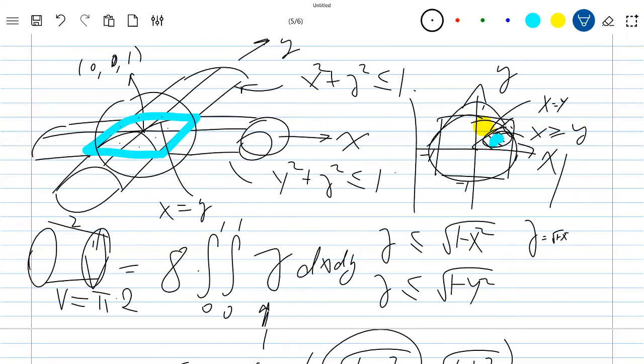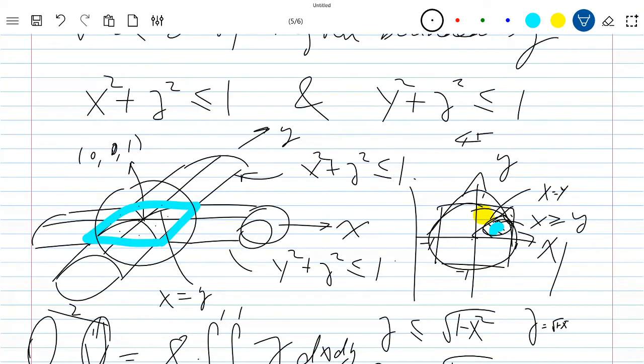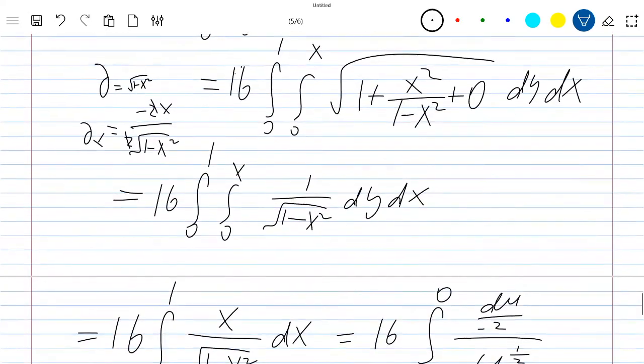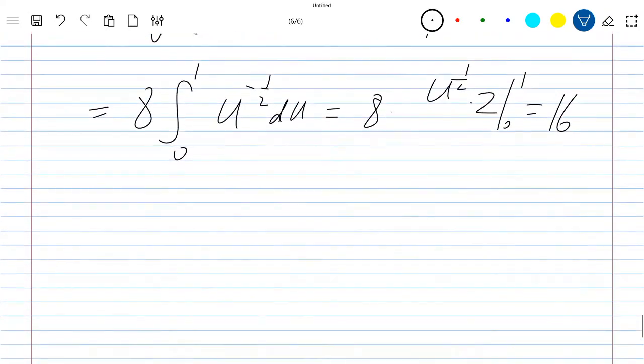So if you have a sphere, then what is the surface area? Well, the radius is 1, so the sphere would have 4 pi r squared, right? r squared is just 1, so the sphere's surface area is 4 pi, which is about 12. And let's see what we have. We have 16, right? And you can see 16 is a little bit bigger than 12, so that makes sense.